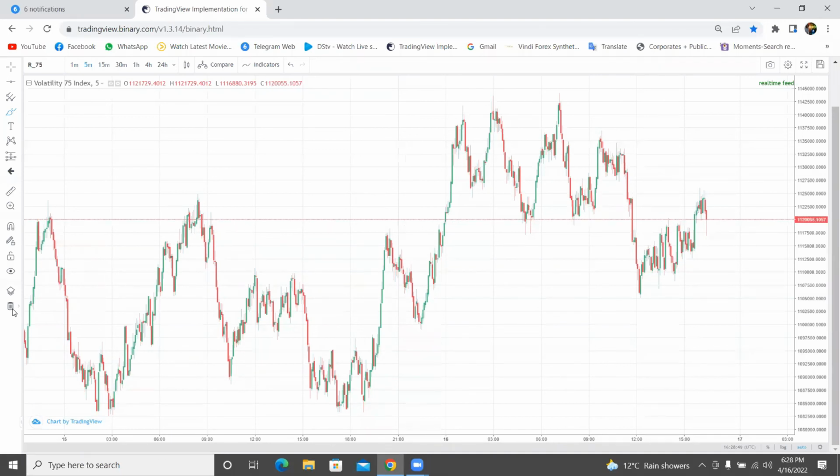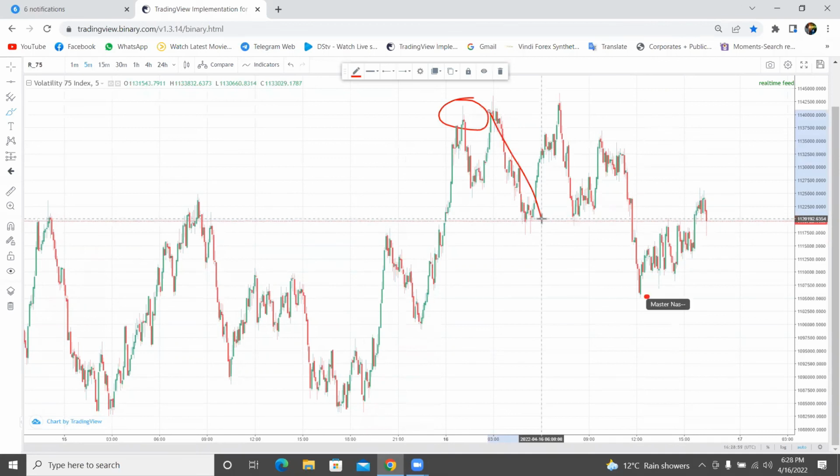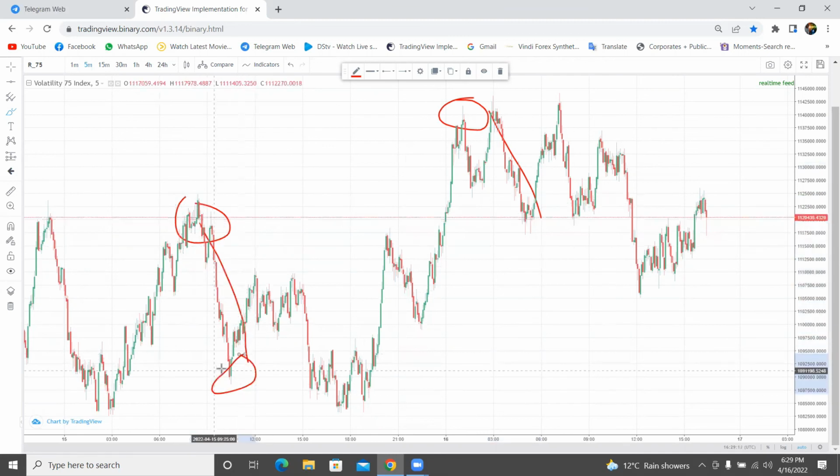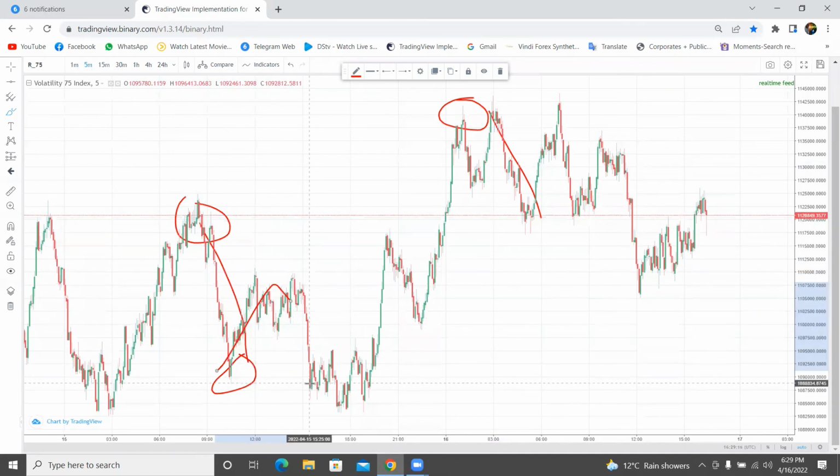You understand? Unlike when I'm teaching you and showing you a chart and saying, when it comes to this point, you sell because it will go down. Hey, it's easy because it's already down. It is already printed that it went down. Someone will be teaching you, when it comes to this point, you sell, and here you buy, because it's already happened.